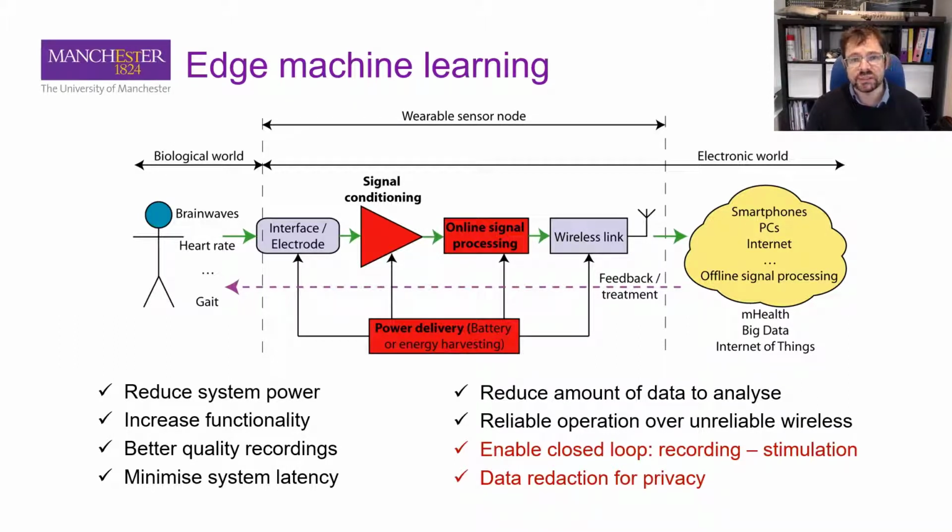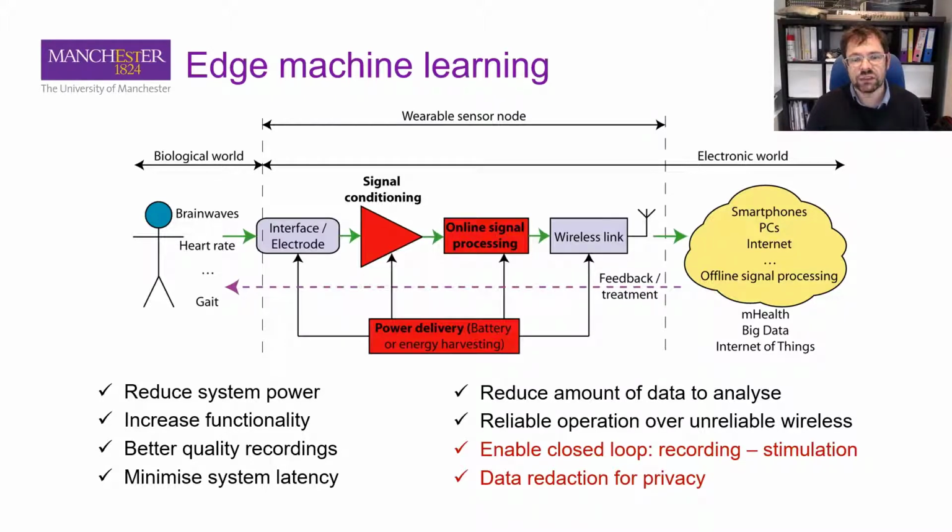Today, we're really interested in it for privacy preservation, for keeping data local to the person. So we're collecting signals from the user and we're analysing them, and the key results of that data will be passed up the chain to the cloud and similar, but the raw data never leaves the physical locale of the user. And then we're also interested in it for closed loop systems.